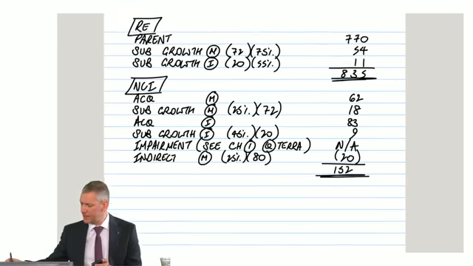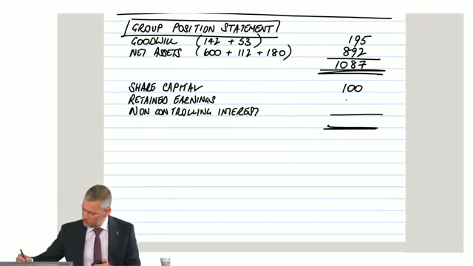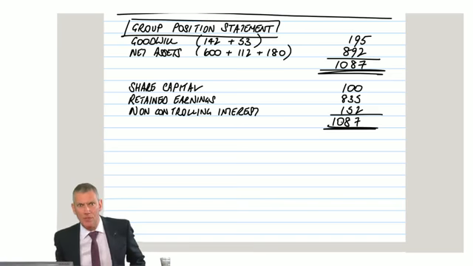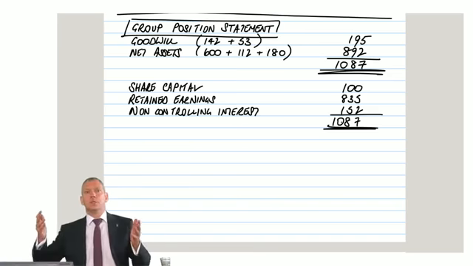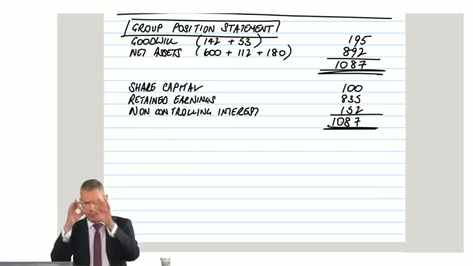So 835 plus 152 is 987... whoa! 1087. And the balance sheet balances. What's the chances of that happening in the examination? Absolute zero.